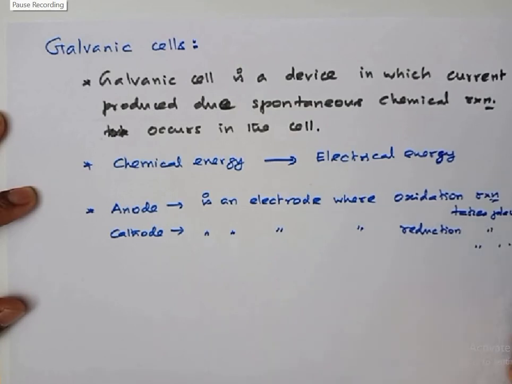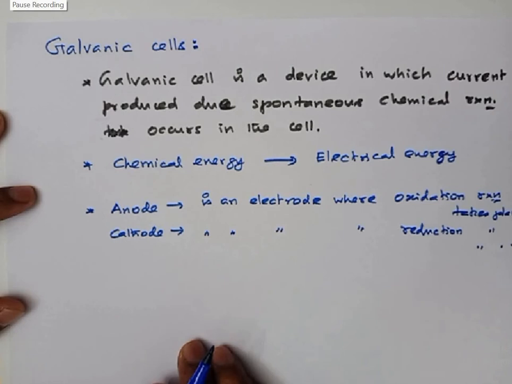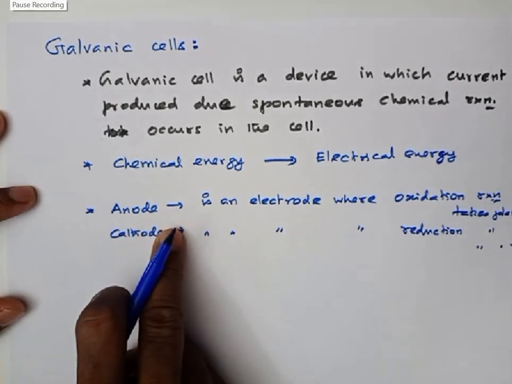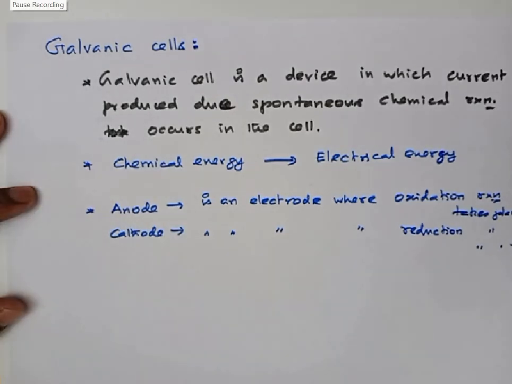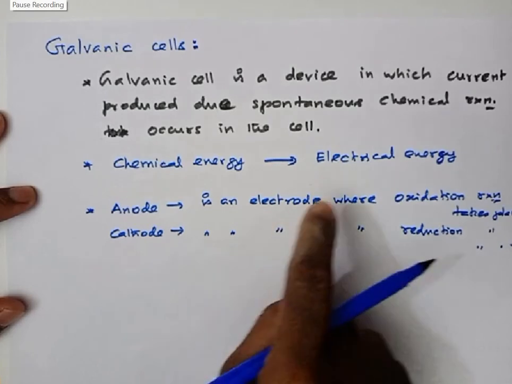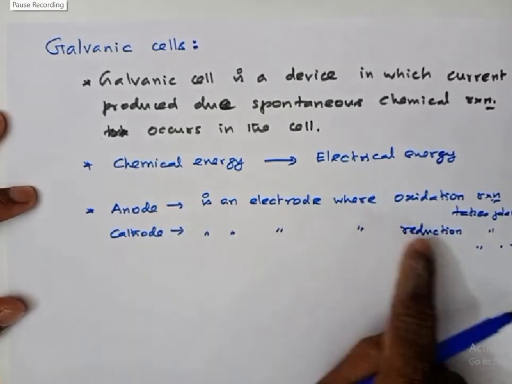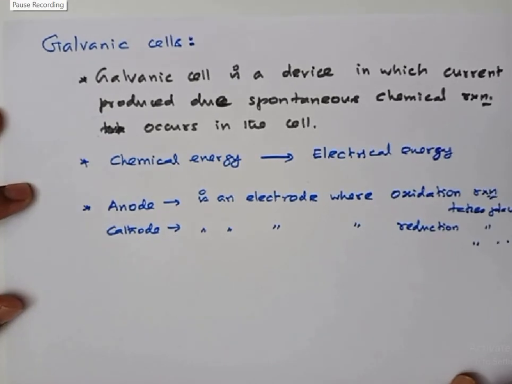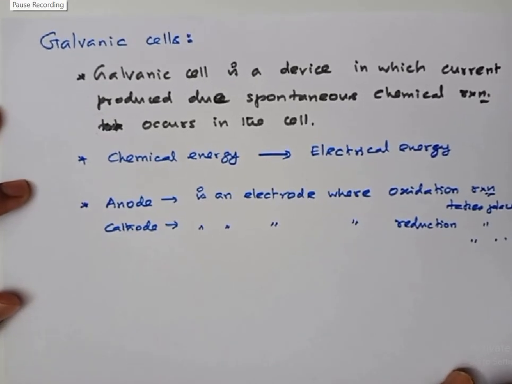This is the basic difference between anode and cathode. This definition is exactly the same even for the electrolytic cell. In the electrolytic cell as well as in the galvanic cell, oxidation occurs at the anode, reduction occurs at the cathode, no doubt in that. But one basic difference is there.